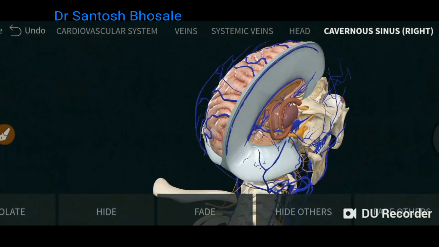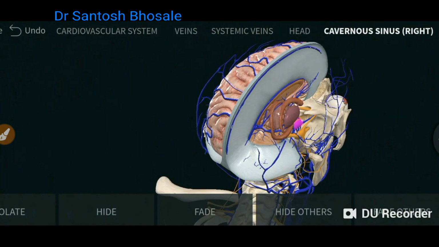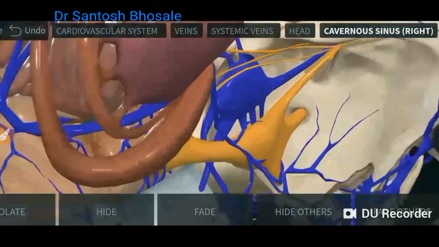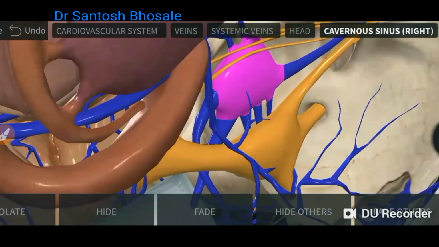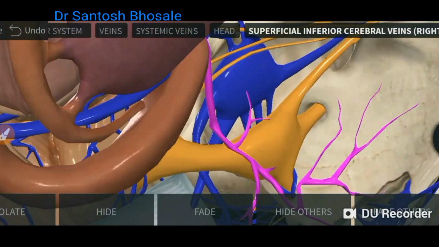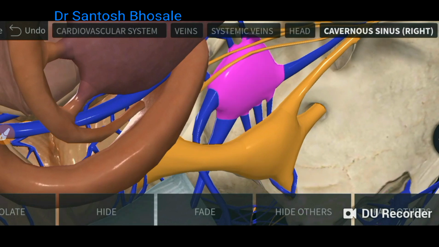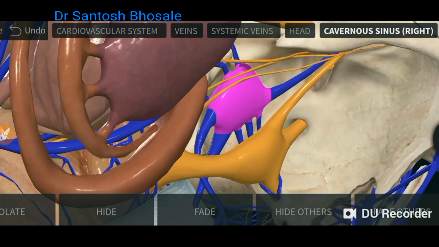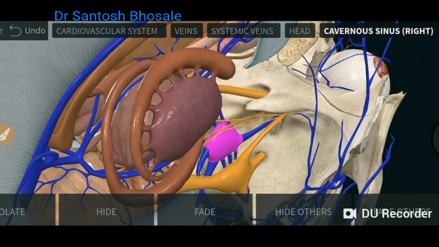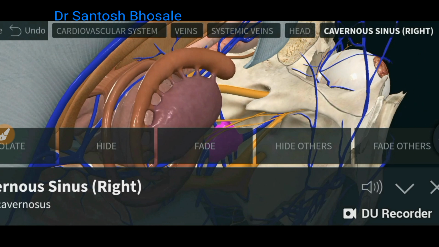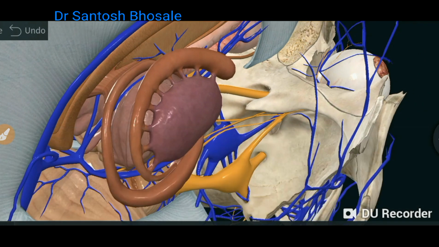You can see it is located on either side of the pituitary fossa, in the middle cranial fossa. You can see that is the location there, and it is communicated with the sphenoparietal sinus by the superficial middle cerebral vein. You can see it has numerous tributaries and communications, making it prone to infection, and its infection is very important.